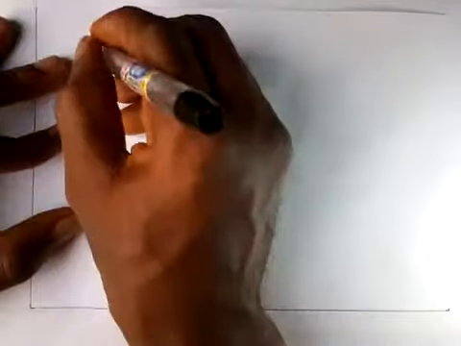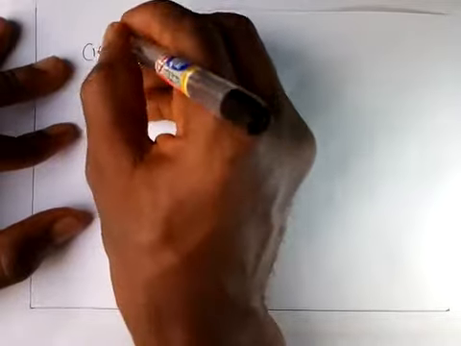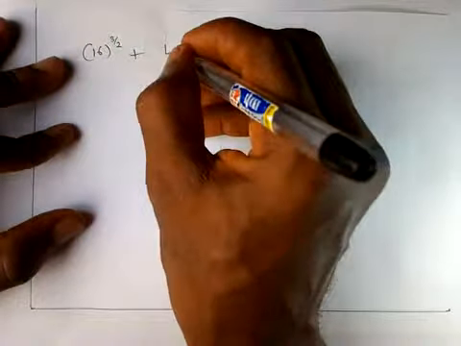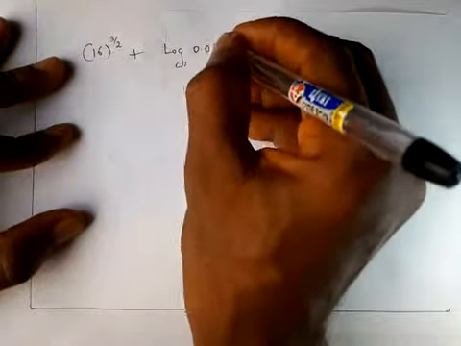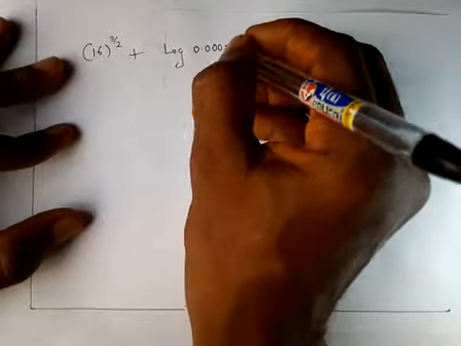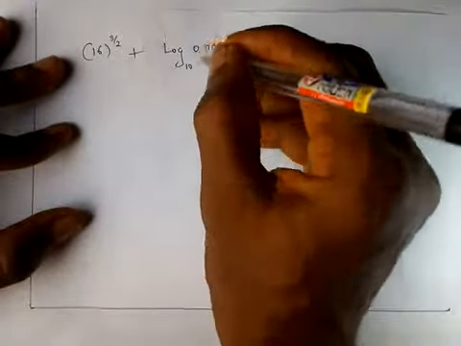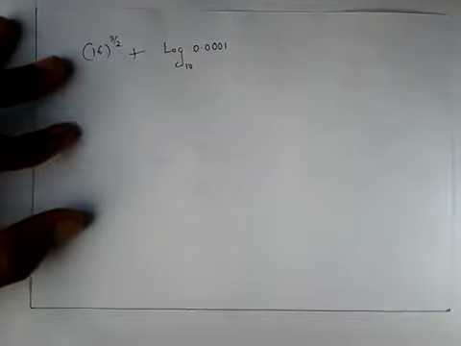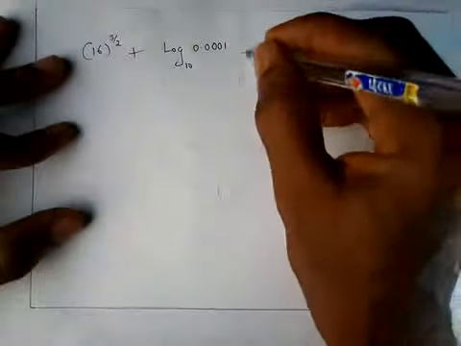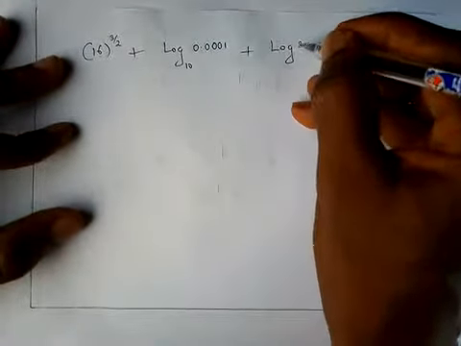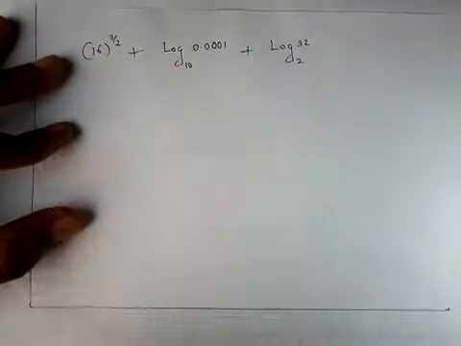The next question, we're asked to also simplify 16 raised to power 3 over 2 plus log 0.0001 (be careful when you write zeros this way, lest you skip one), plus log 32 to base 2.